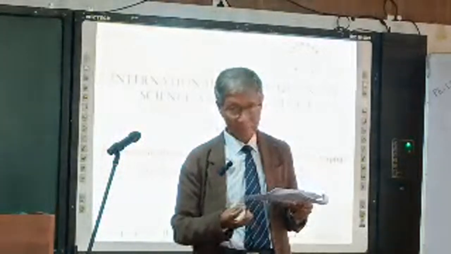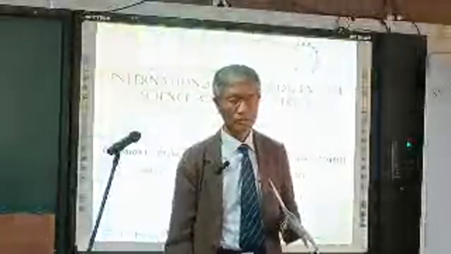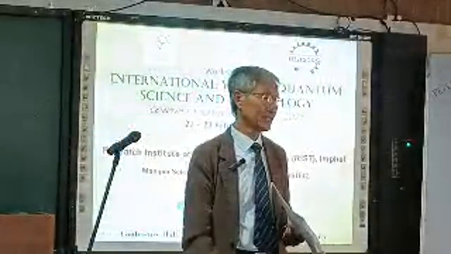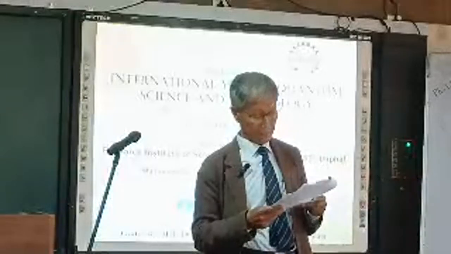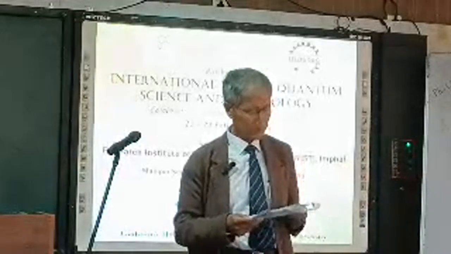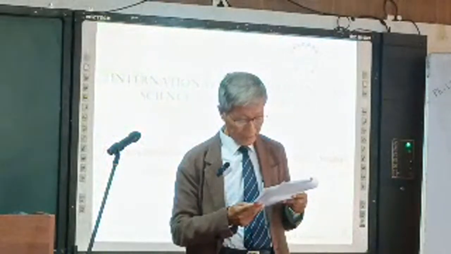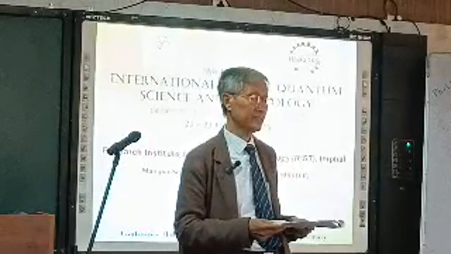Defining reality is difficult and very slippery also, and you are bound to err. There is always an element of error when you define reality. Therefore, instead of defining what reality is, Einstein laid down a criterion which he assumed to be sufficient and necessary.